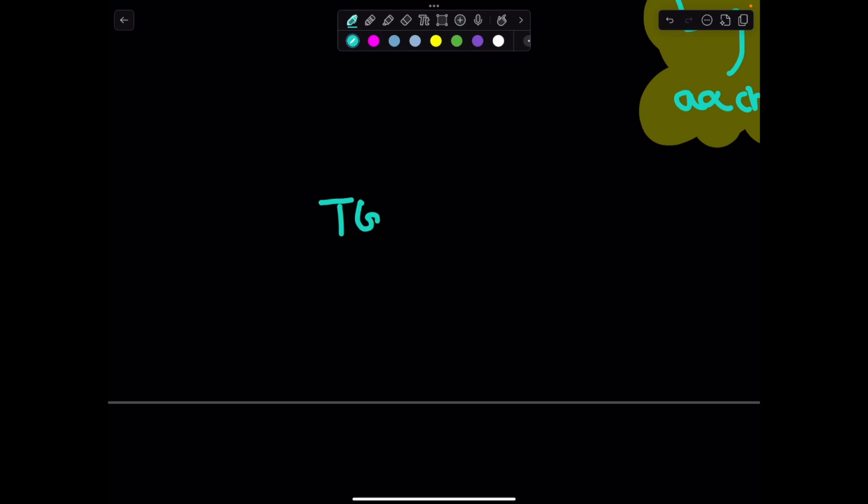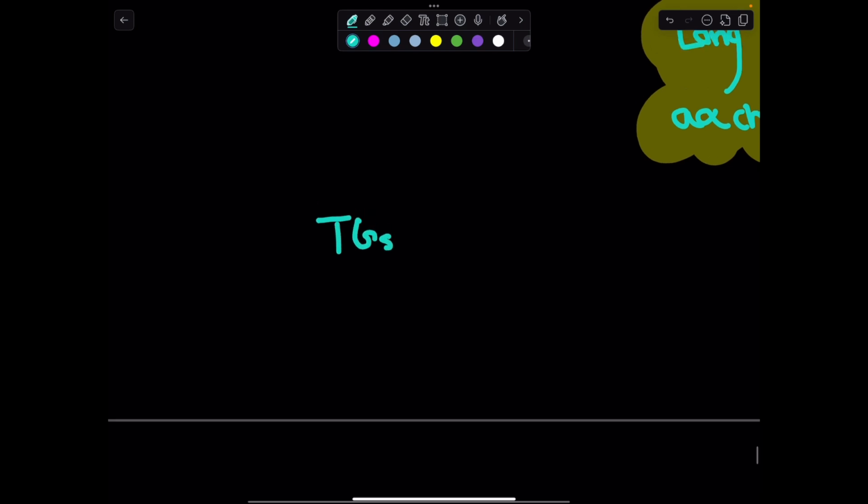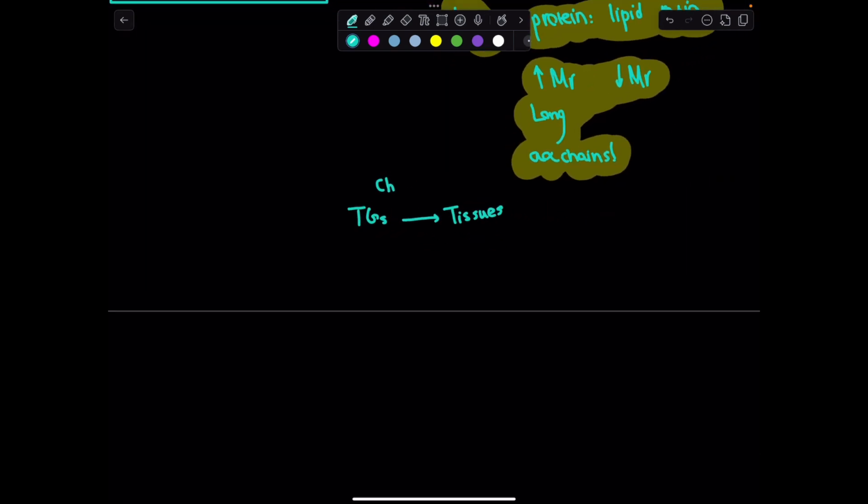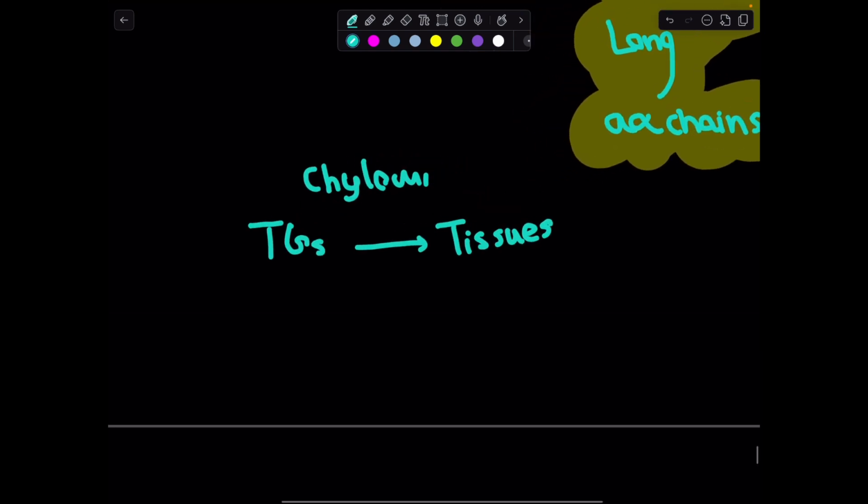Chylomicrons and VLDL deliver triglycerides to tissues. Chylomicrons, formed in the intestine, carry dietary triglycerides from absorbed fats to muscles, adipose tissue, and other cells for energy or storage, using apolipoprotein C2 to activate lipoprotein lipase, LPL, on cell surfaces, which hydrolyzes triglycerides for uptake.